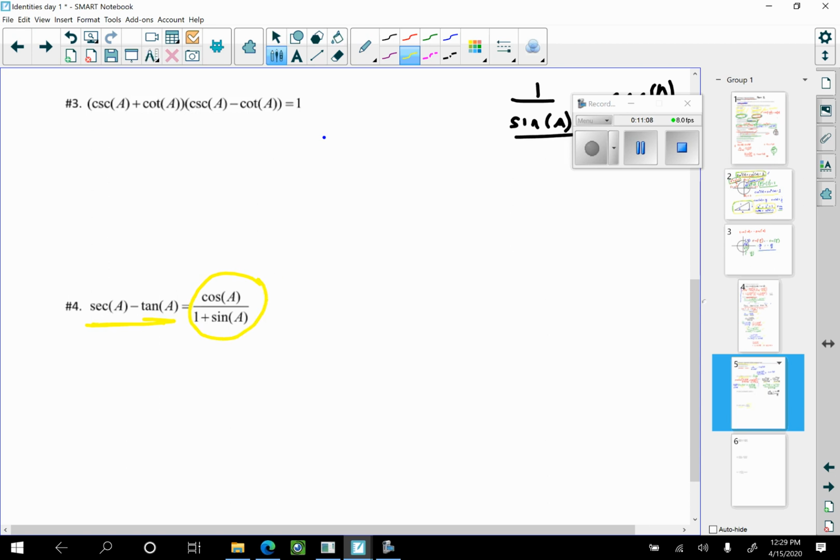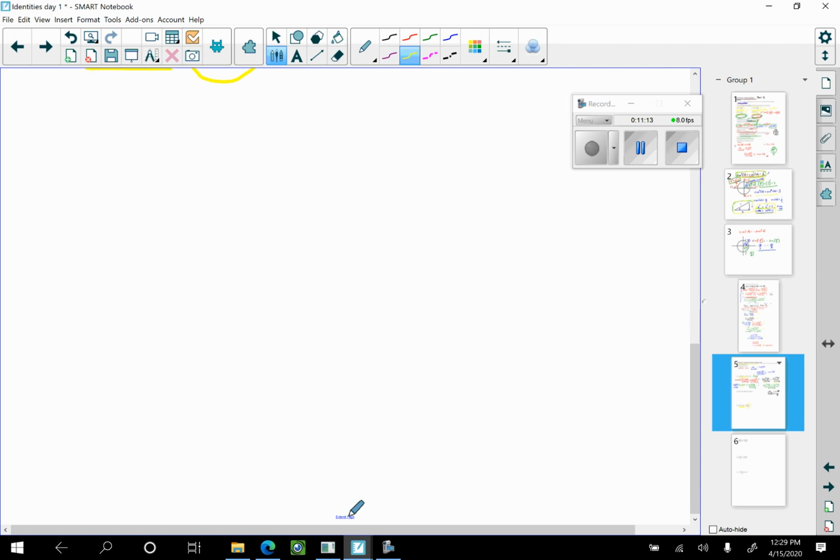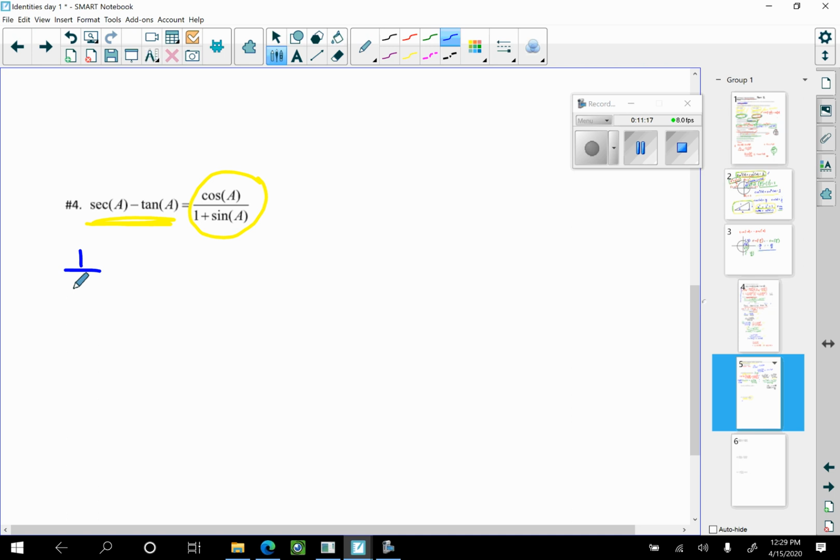Step number 1, write all of these in terms of sine and cosine. Extend my page a little bit. 1 over cosine of A minus sine of A over cosine of A.